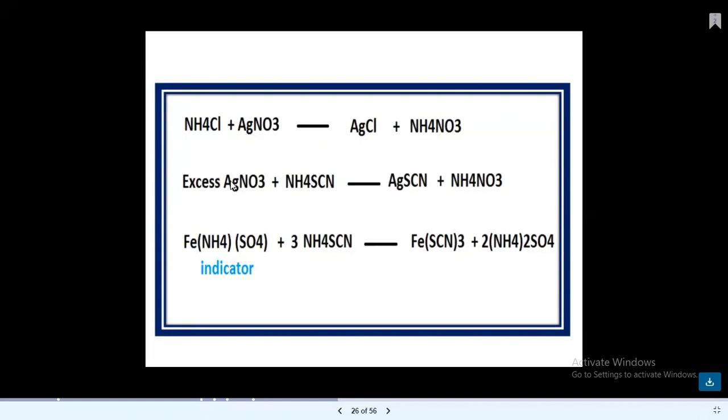Thiocyanate reacts with the leftover volume of the silver and converts into silver thiocyanate. Then after the silver is consumed by thiocyanate, the next drop of thiocyanate ion reacts with the ferric ion and converts into ferric thiocyanate, and the brick red coloration appears.